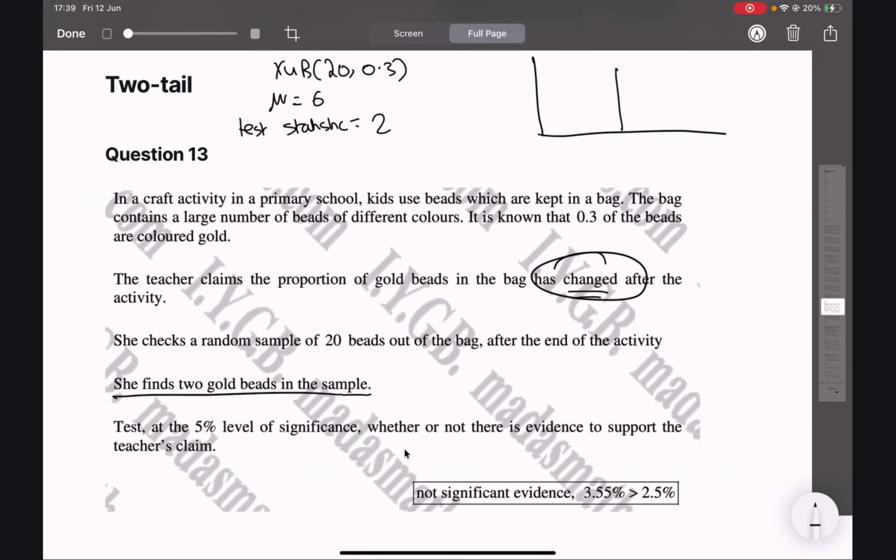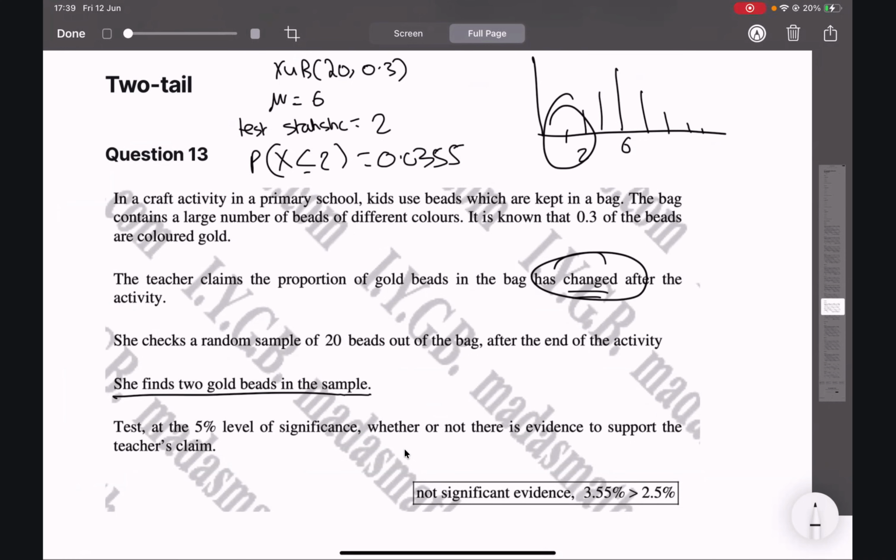So if my mean was 6, I've got this shape, and that's on the left. I'm going to say the probability that X is less than or equal to 2 is 0.0355. The same thing we did before.